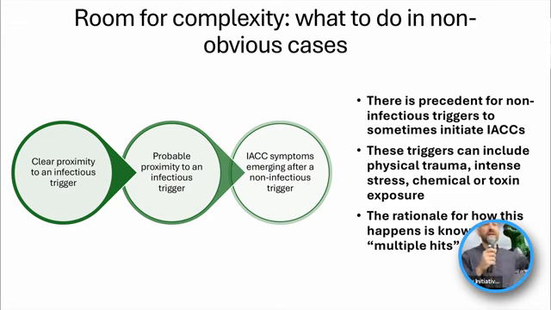So obviously, in a perfect world, someone gets SARS-CoV-2, they test for it, we've confirmed the case, we know that they had COVID, they go on to develop persistent symptoms, we can make a long COVID diagnosis. That is a terrible situation for the person, but from a diagnostic standpoint, that helps us along.